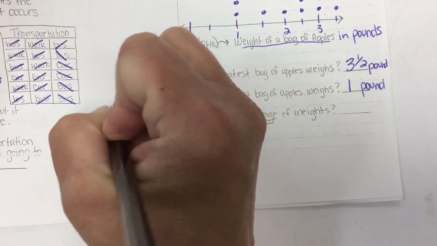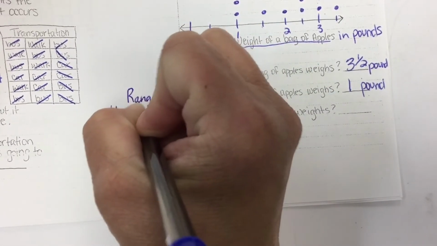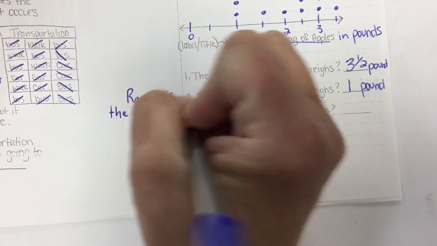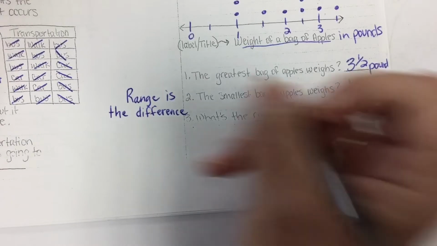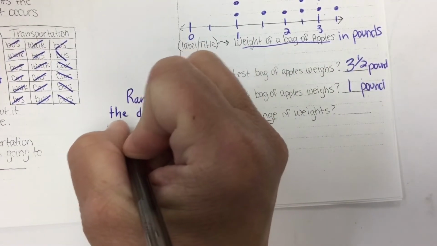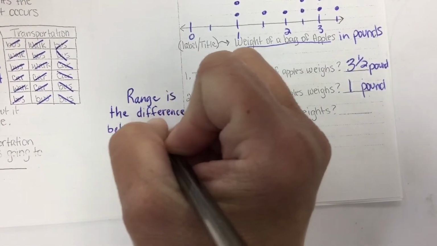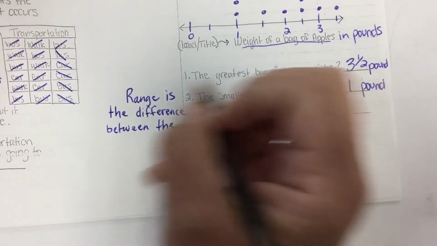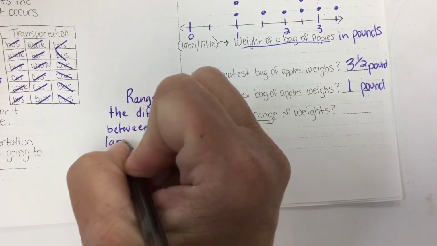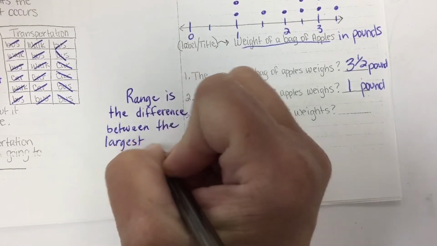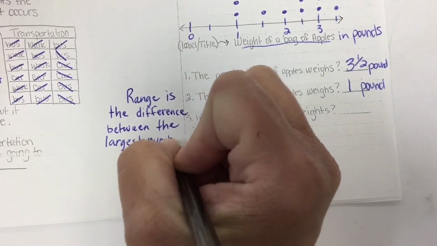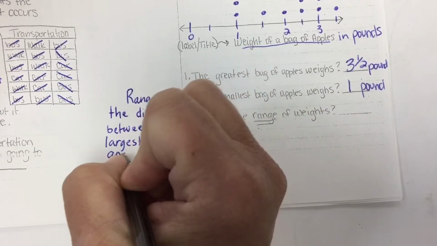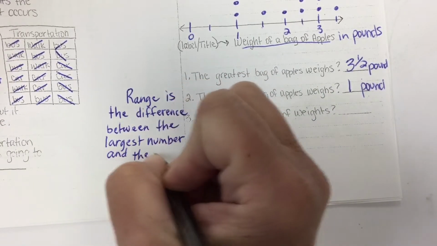is, you need to write this down on your paper, the difference between the largest number and the smallest.